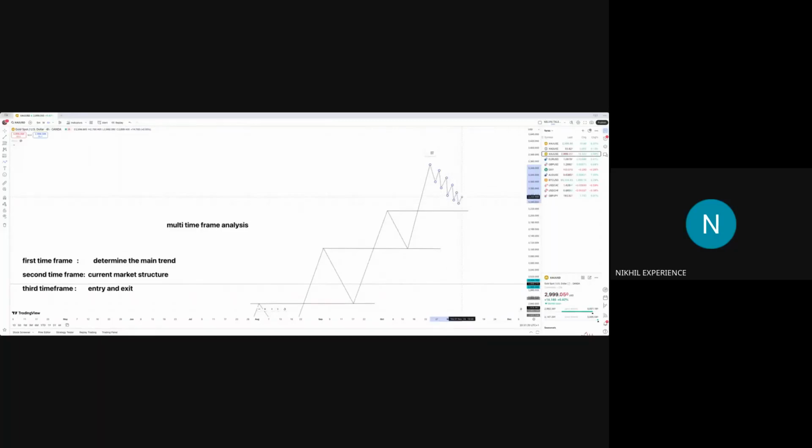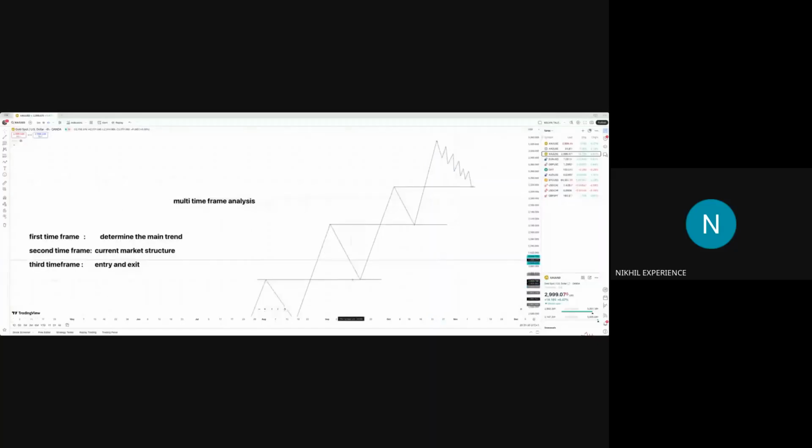Do you understand? So price is not just going to go up, touch here, and start going back up. So now when you go down to the second time frame to determine your current market structure, you see that price has already pulled back. When you see that, the first time frame is bullish.